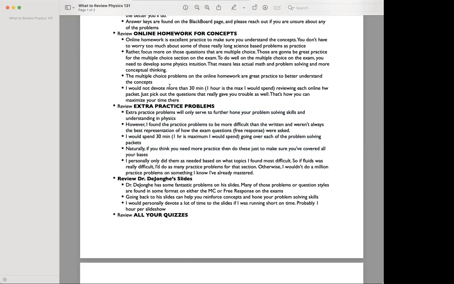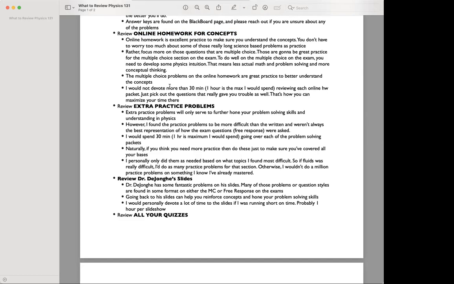You see more problems and more concepts being applied, because the online or written homework might test one or two things really heavily and other things not so much. The extra practice problems give you an opportunity to see more concepts in practice. They're kind of optional, but if you have time, I would do them. The more you see, the better.